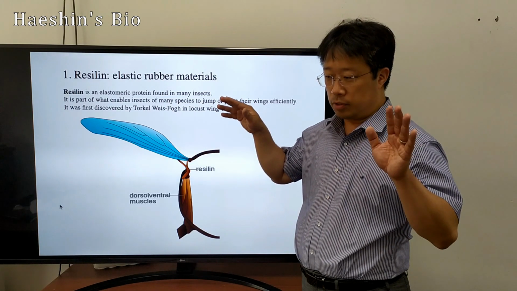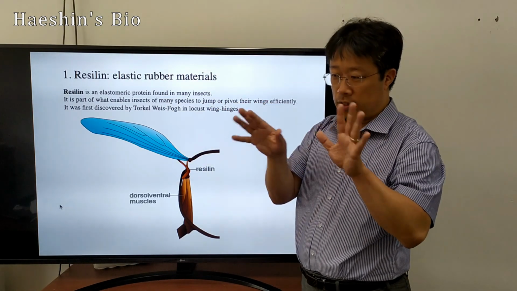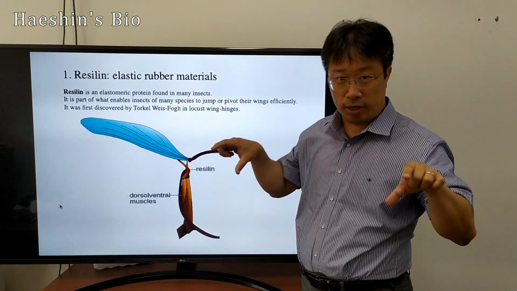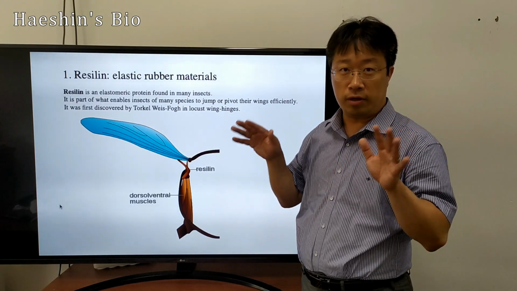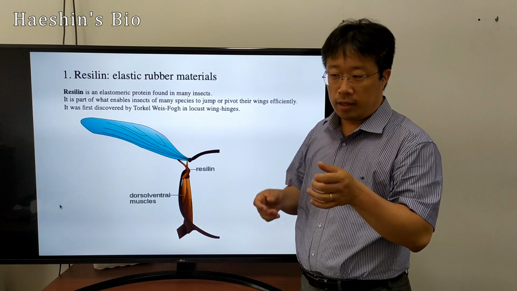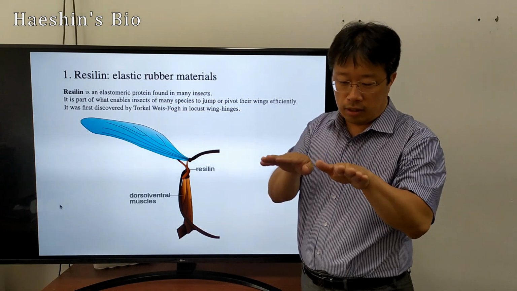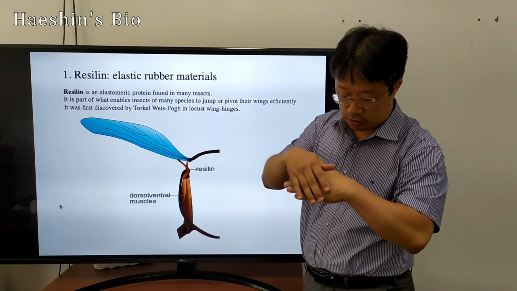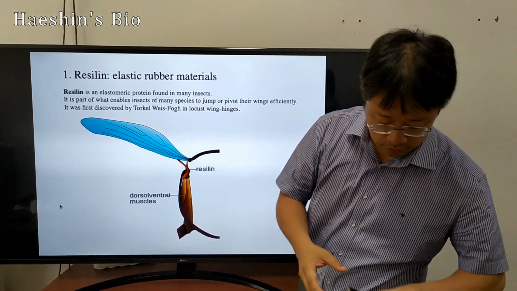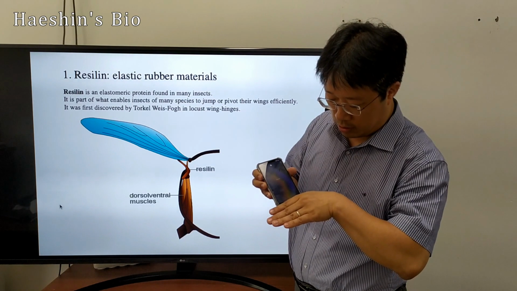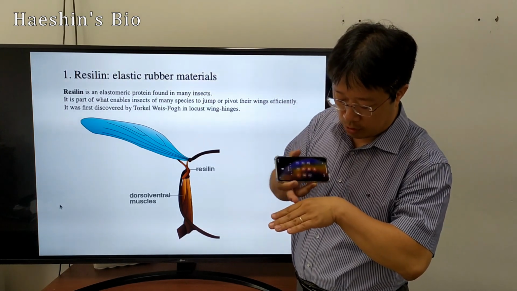When you think about the insect body and the wing, the wing moves very fast, up and down, and there's an interface between the body and the wing.